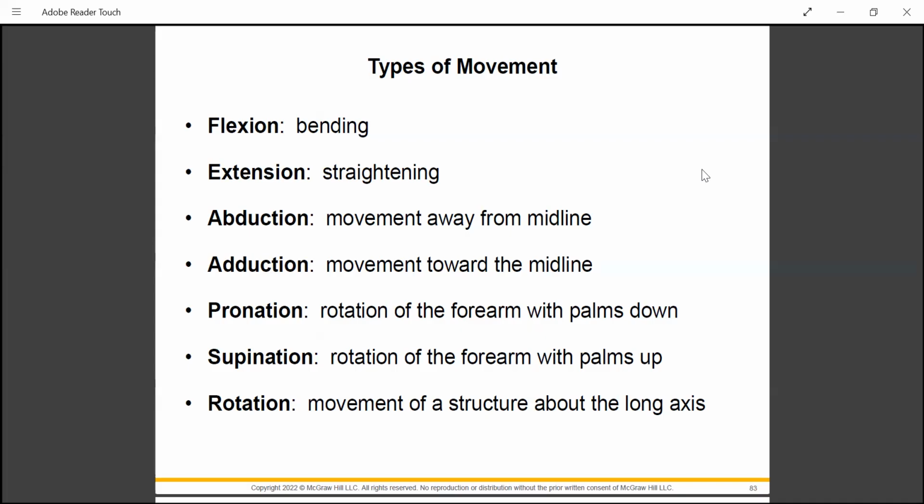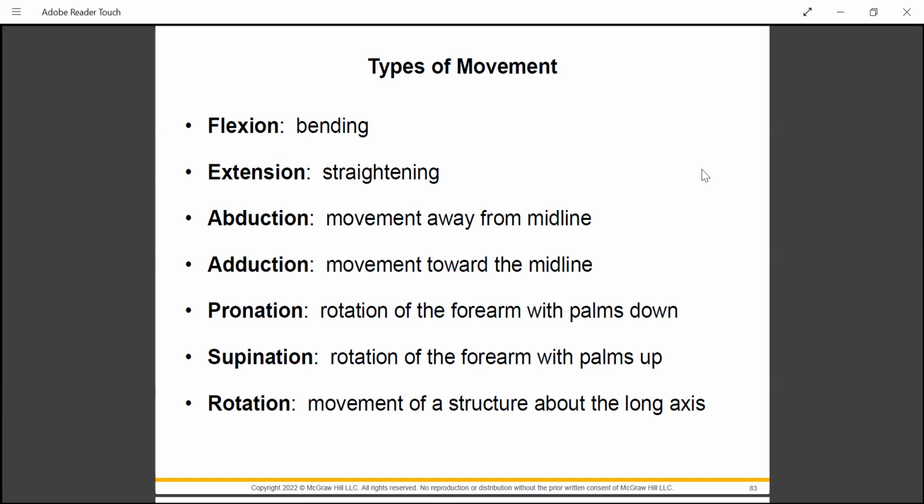Abduction and adduction are going to be our next pair. You really have to pay attention to these two because they sound so similar. Abduction is going to mean to move away from the midline.